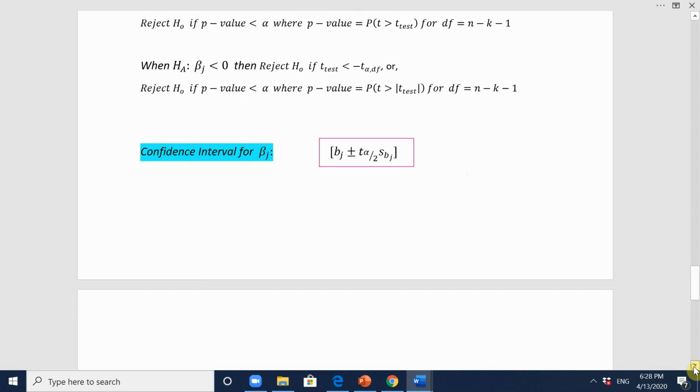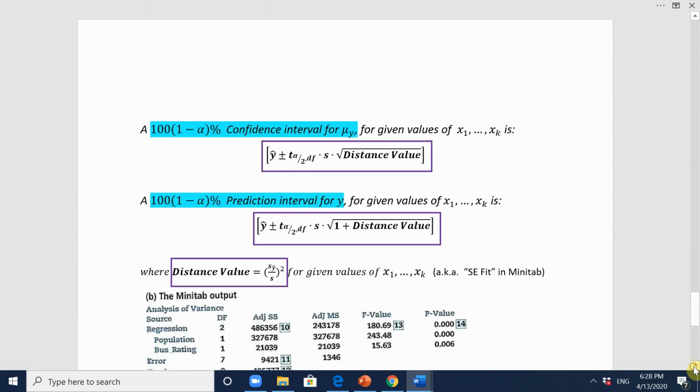Okay. Now we look at the confidence interval and prediction interval. The confidence interval for the mean value of y, of course, for a given set of values of x1 to xk, follows this form right here, where your y hat serves as your point estimate of the mean annual revenues for the example that we're using in this video.